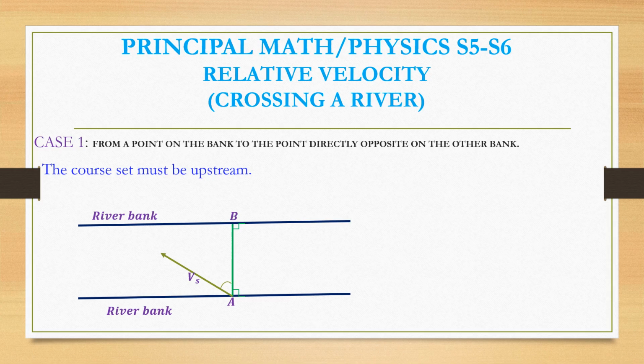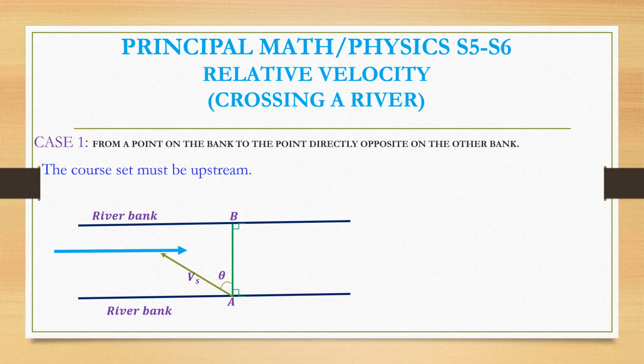upstream. Now, if v is the velocity of the boat in still water, what does it mean? It means that as he sets his course at that very position, the imaginary line joining the two points on either of the river banks makes an angle with the velocity in still water, and I'm taking it to be theta.